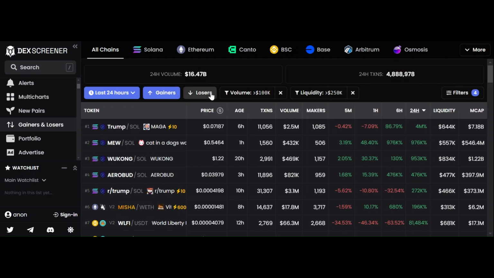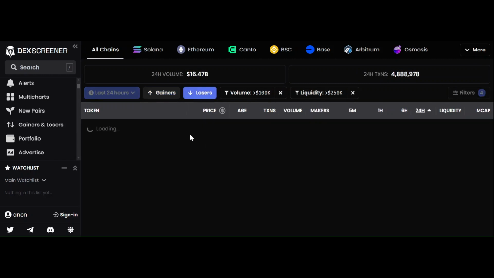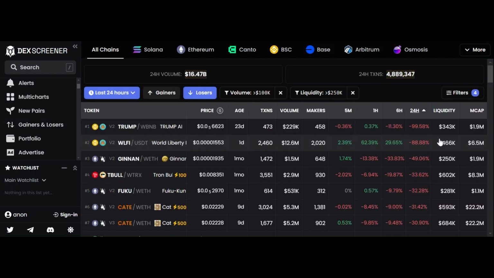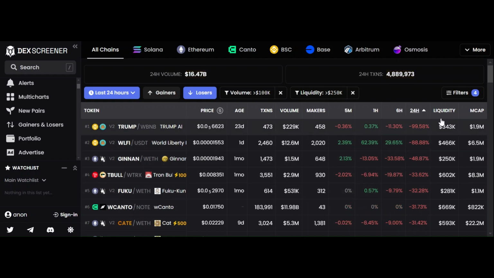So if I change this to losers, then it will show me all the coins that are performing poorly. So this is Trump AI, World Liberty, Gina, Tron Bull, Fuku, whatever, right? And this is liquidity, this is the market cap.